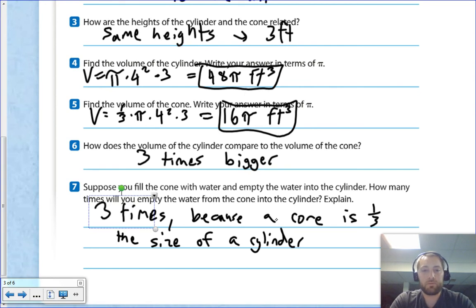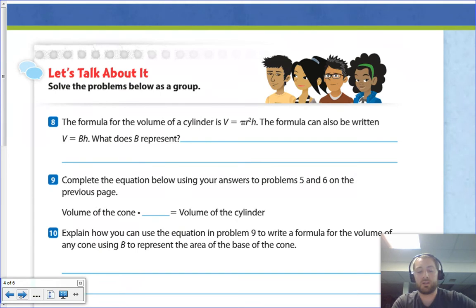Let's turn the page. Number 8, the top of page 231, it says the formula for the volume of a cylinder, which we said is big B times h, or pi r squared times height. The formula can also be written right there. What does the B stand for? The big B, capital B. Well, what did we say before? What have we been talking about?